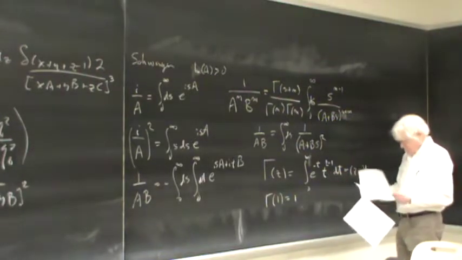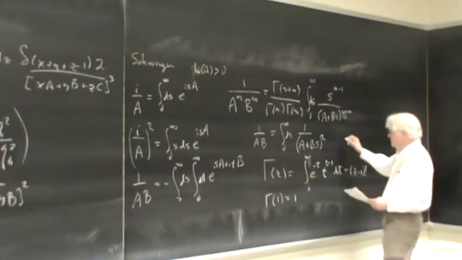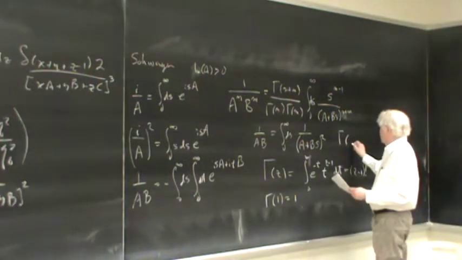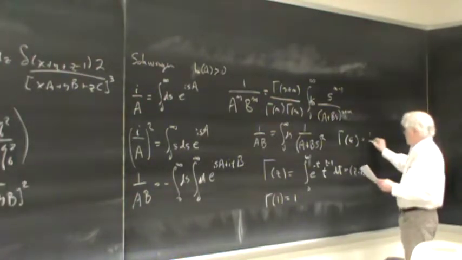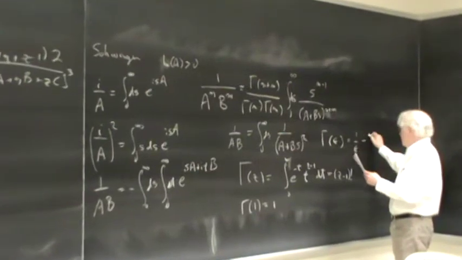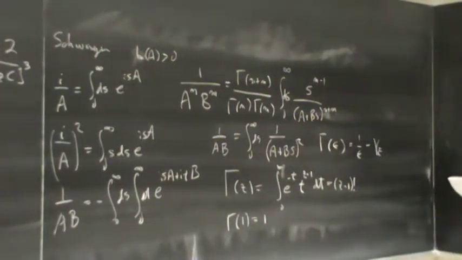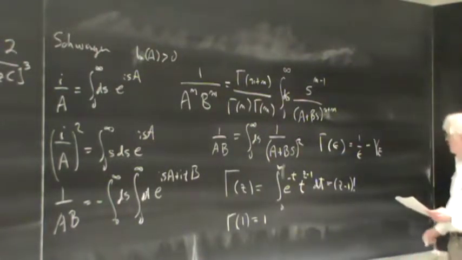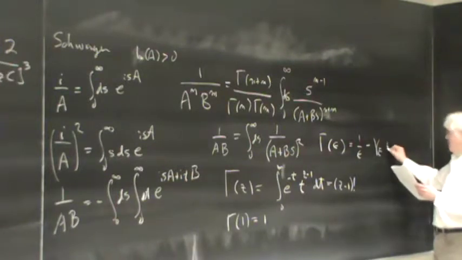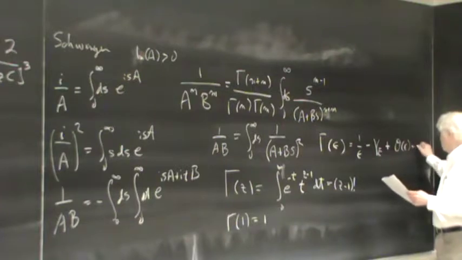And in fact, gamma of small z, let us call it epsilon, is 1 over epsilon minus this constant, which is called gamma sub E, the Euler-Mascheroni constant, plus something times epsilon plus dot, dot, dot.